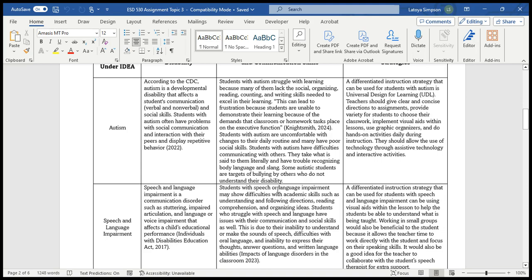Students with speech or language impairment may show difficulties with academic skills such as understanding and following directions, reading comprehension, and organization skills. Students who struggle with speech and language have issues with their communication and social skills as well.